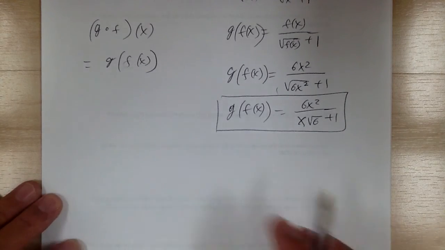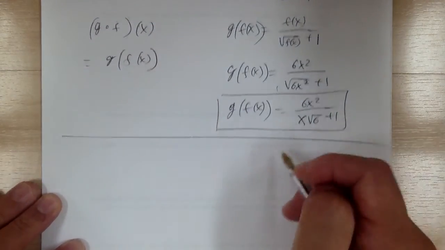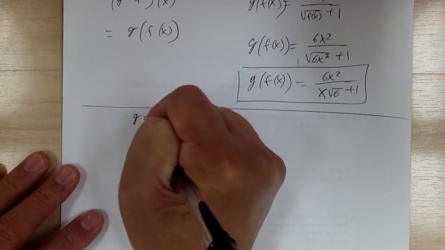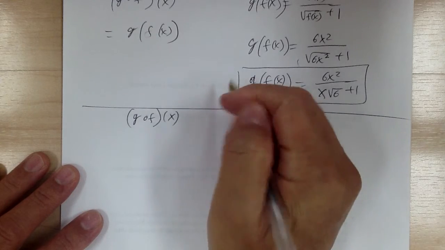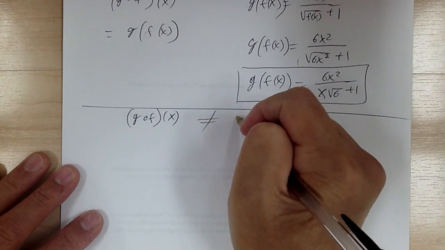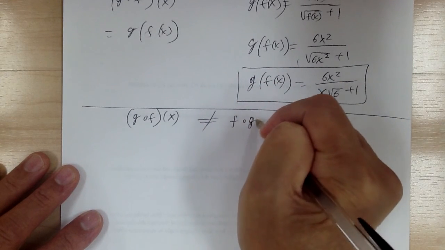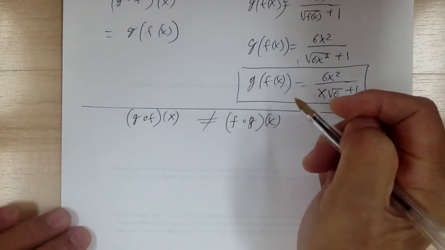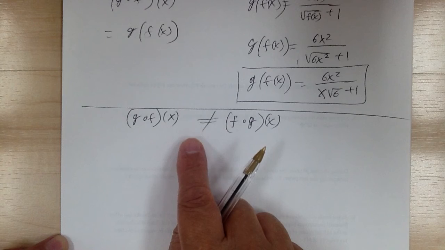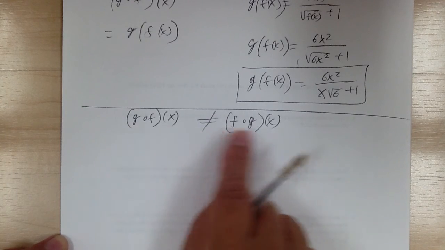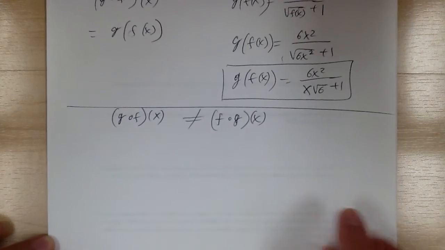And as I mentioned before, this is just a side note. So g of f of x most of the time is not equal to f of g of x. Usually, in some rare cases by coincidence they are equal, but most of the time they are not equal.